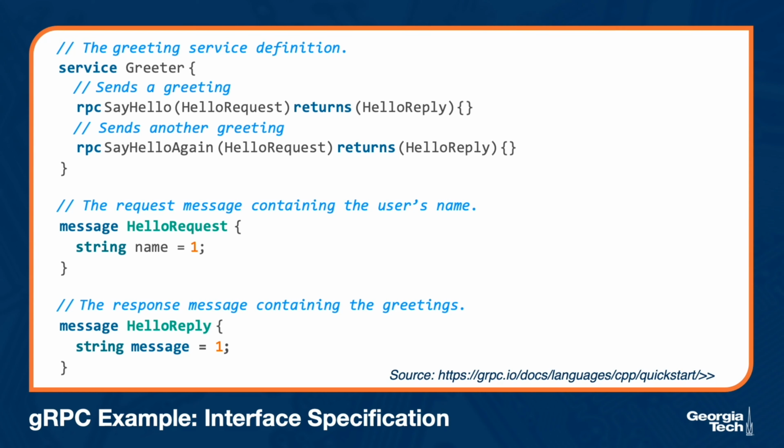Let's look first at the proto file in this example, which is the specification of the service. In this example, the service called Greeter has two RPC procedures called SayHello and SayHelloAgain. Both procedures take one input message of type HelloRequest and return a result of type HelloReply. The message type for HelloRequest is defined as having one required field.